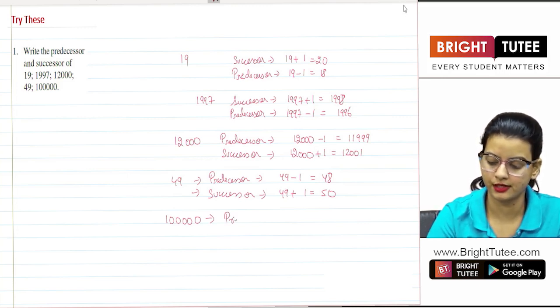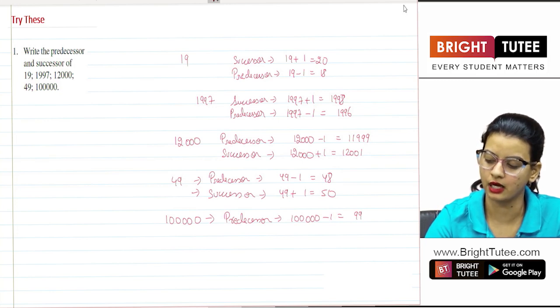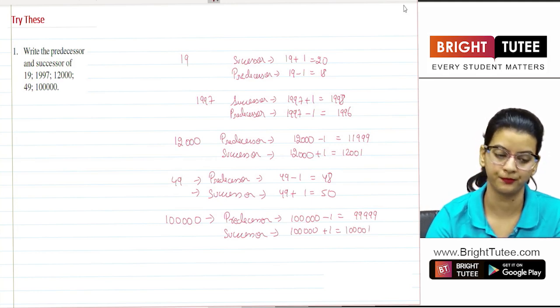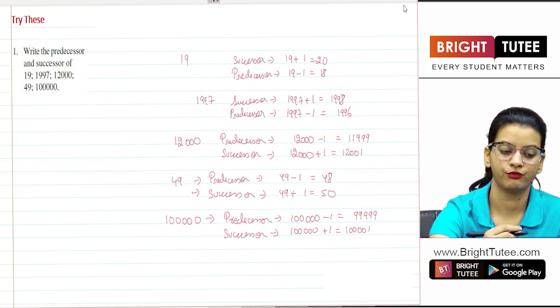The predecessor for 1 lakh is 1 lakh minus 1, that is 99,999, and the successor for this is 1 lakh plus 1, that is 1 lakh 1. Now let's move forward.